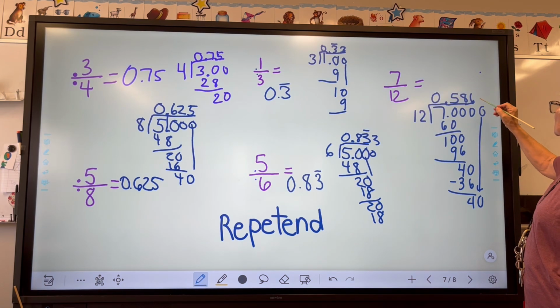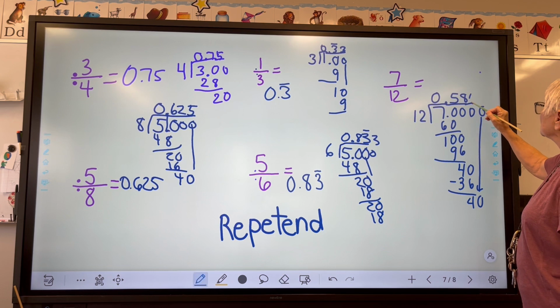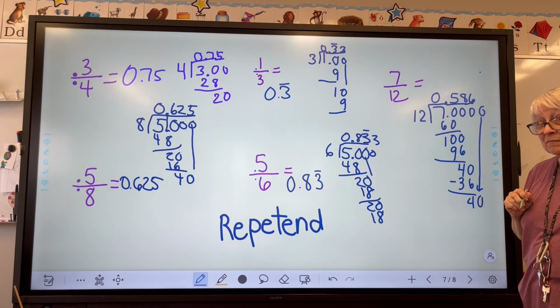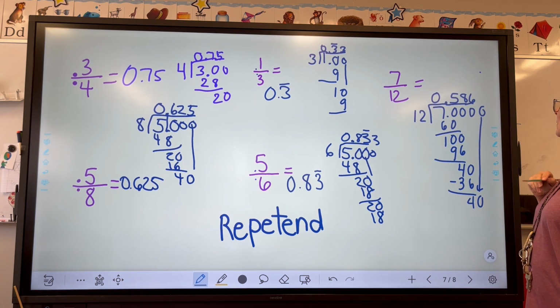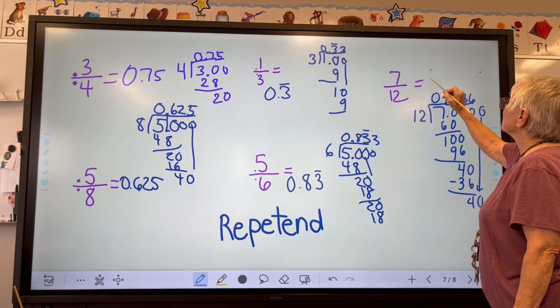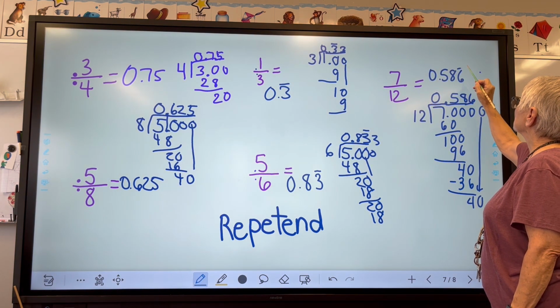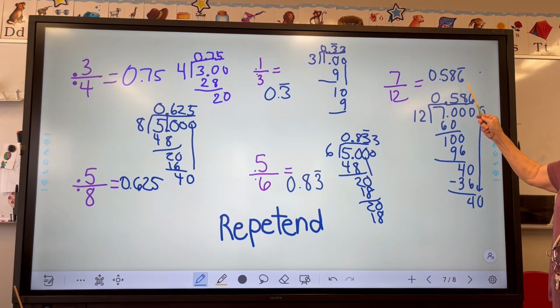So this 6 is repeating. Are the 5 and the 8 repeating? No, the 5 and the 8 don't repeat. They just appear one time each. So this one is 0.586 repeating. And the repetend line goes only over the 6.